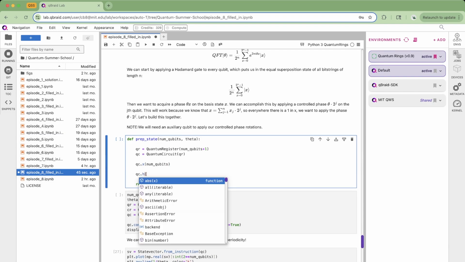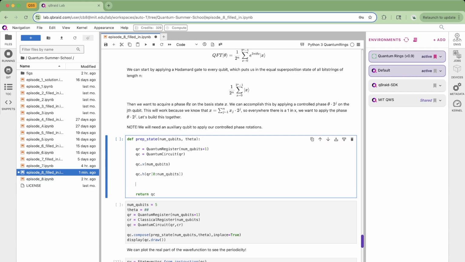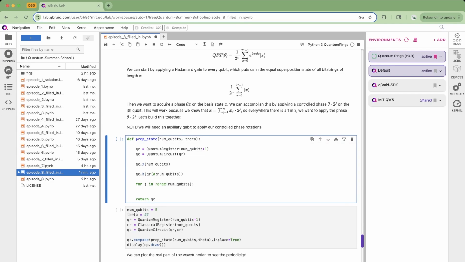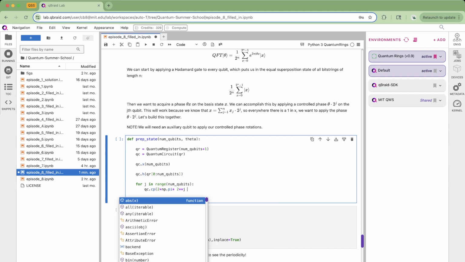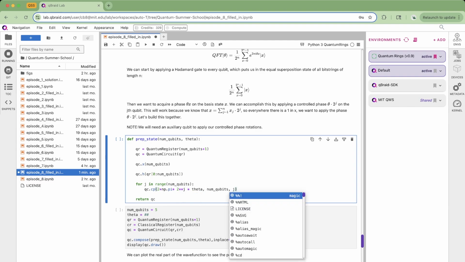We want to apply a Hadamard to all of our qubits except for that auxiliary qubit. And then we want to loop through all of our qubits and apply a C phase gate, and the rotation is going to be 2 times pi times 2 to the j times our theta, controlled on our auxiliary qubit targeting j.